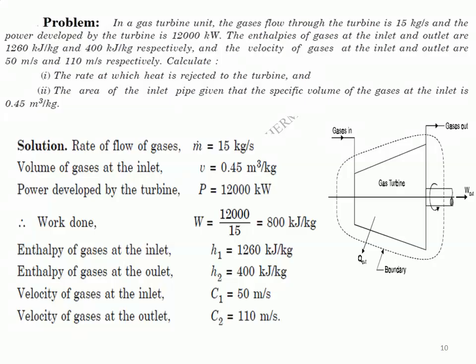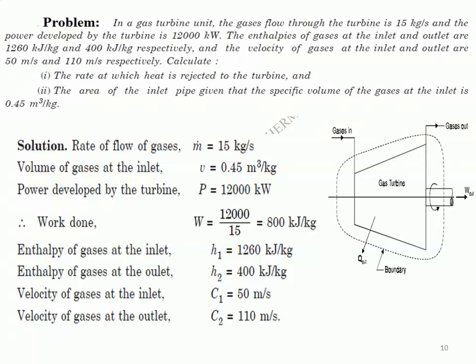Calculate I the rate at which heat is rejected by the turbine, and II the area of the inlet pipe given that the specific volume of the gases at the inlet is 0.45 meter³/kilograms.